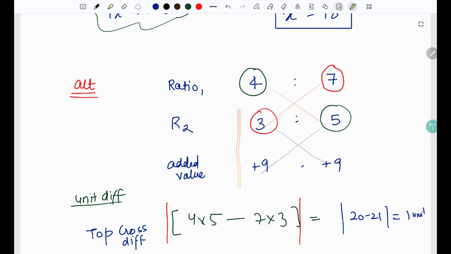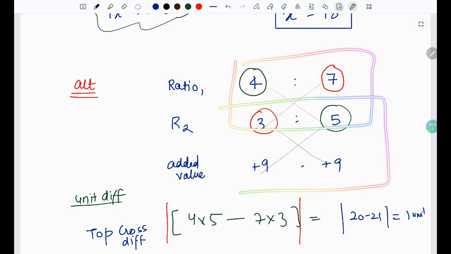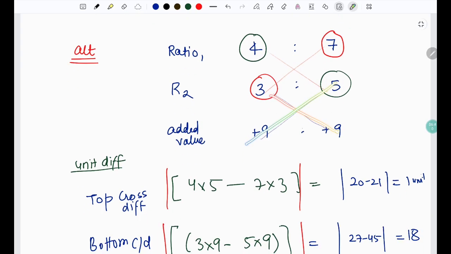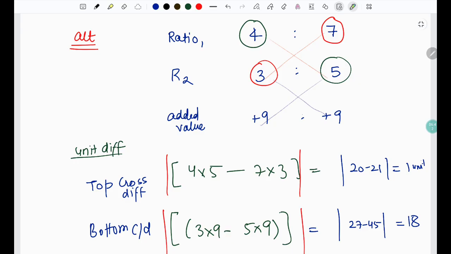Now we check the next two rows. First we used these two rows, now we'll be using these two rows. So we'll be doing again 3 times 9, 27, minus 5 times 9, that will become the bottom cross difference. This comes out to be 27 minus 45, hence 18.